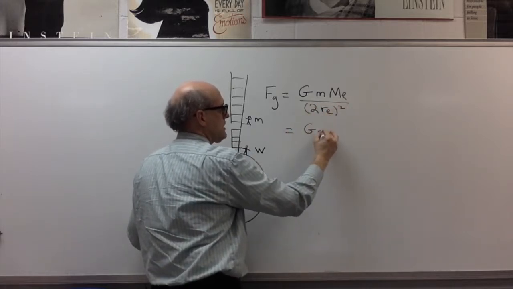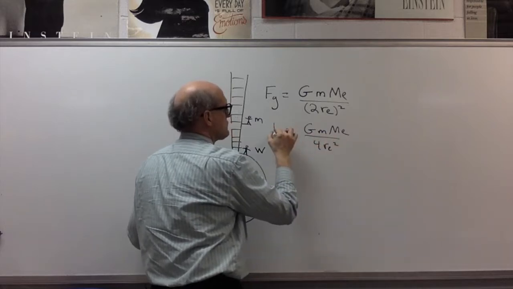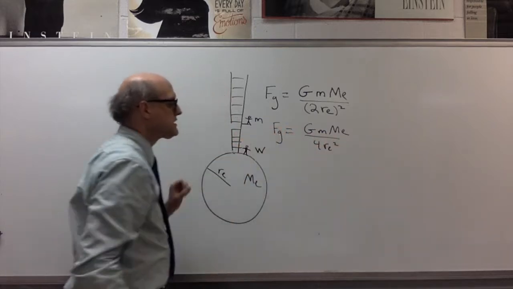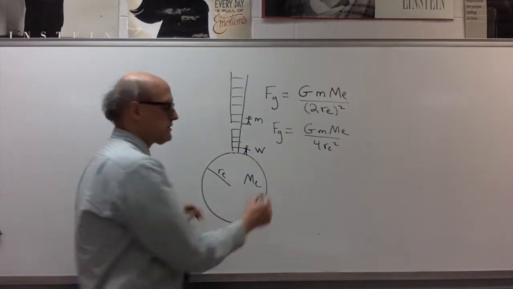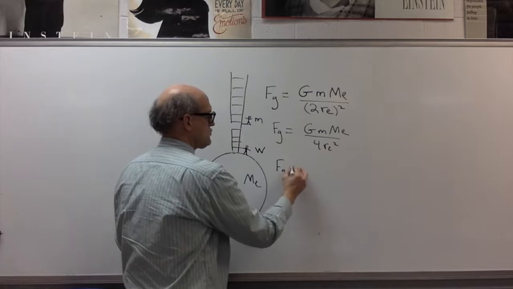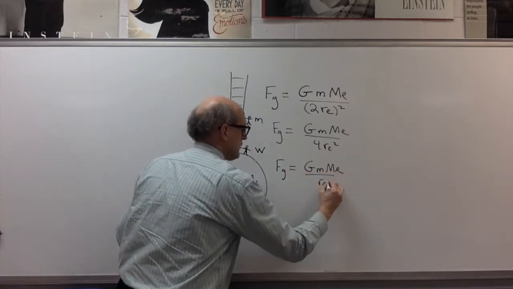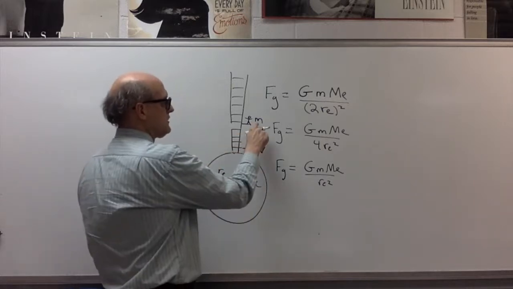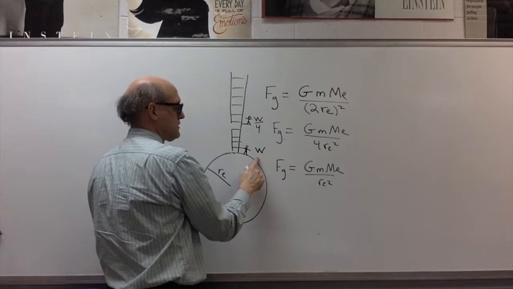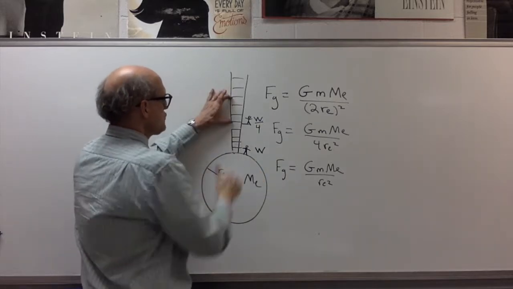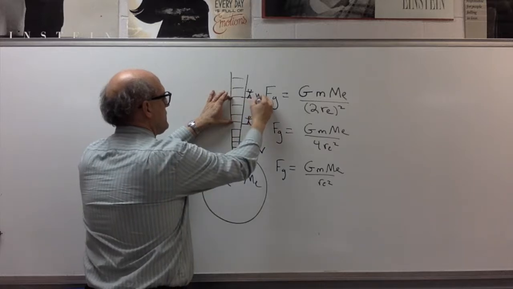So we get G, M, ME all over 4 RE squared. Well, isn't that 1/4 his weight at the surface? Because his weight at the surface would be given by Fg is equal to G, M, ME over RE squared. So his weight here would be 1/4 what it was here. If he climbs an additional radius of the Earth, his weight would be 1/9.